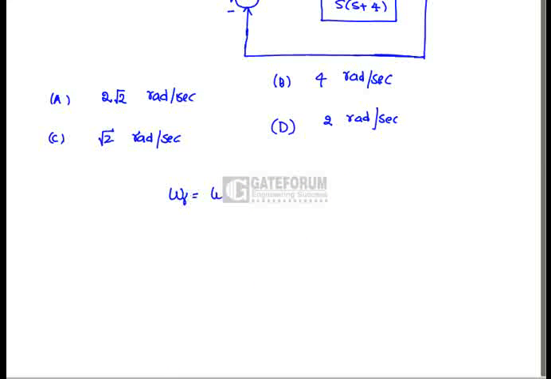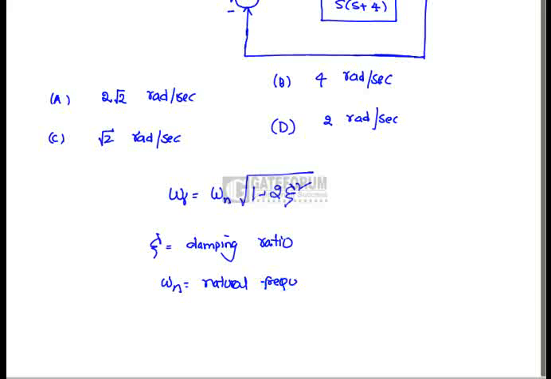Resonance frequency equals natural frequency times root of 1 minus 2 zeta square, where zeta is the damping ratio and omega n is the natural frequency. Units are radians per second.